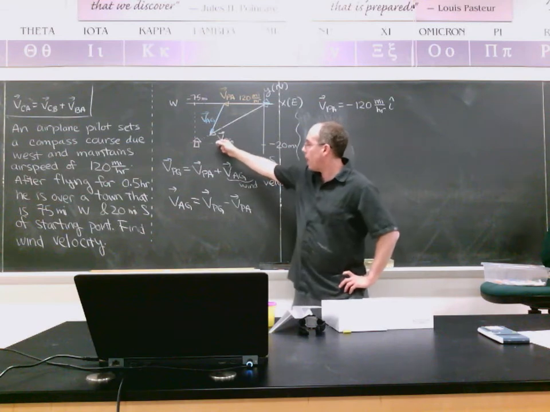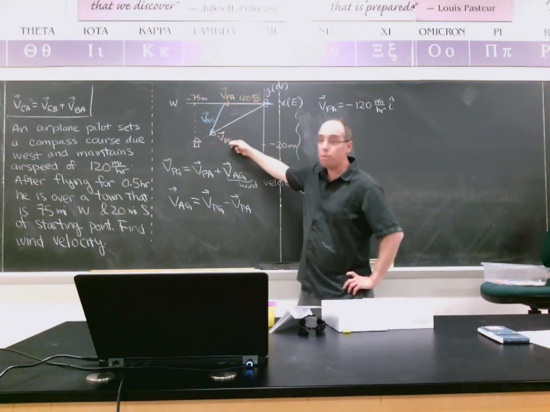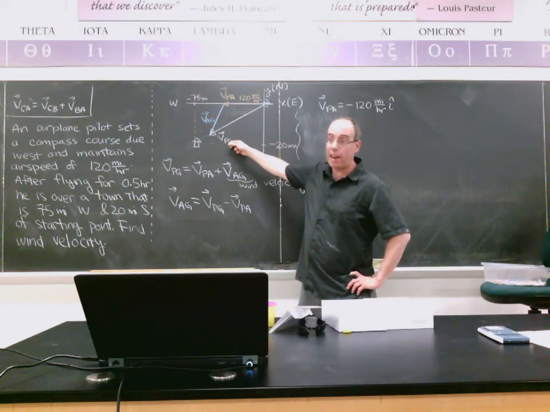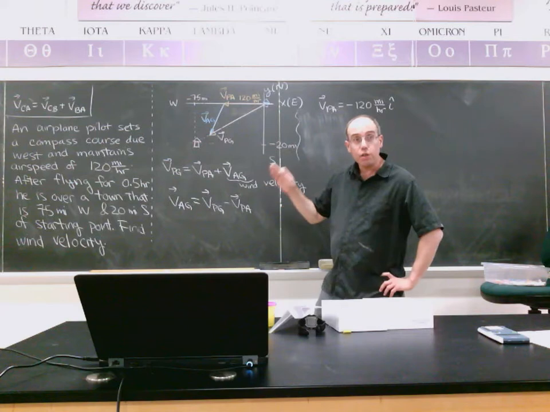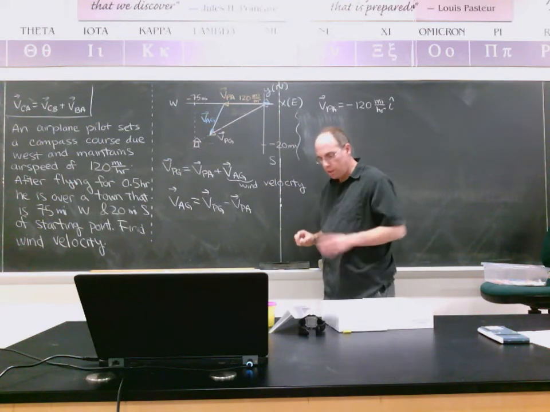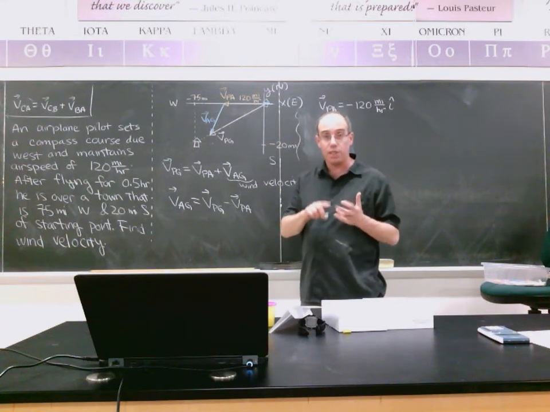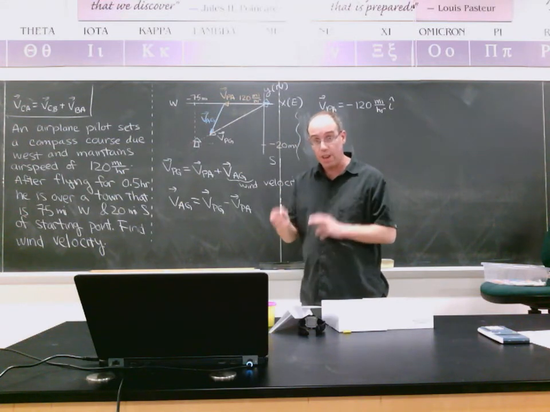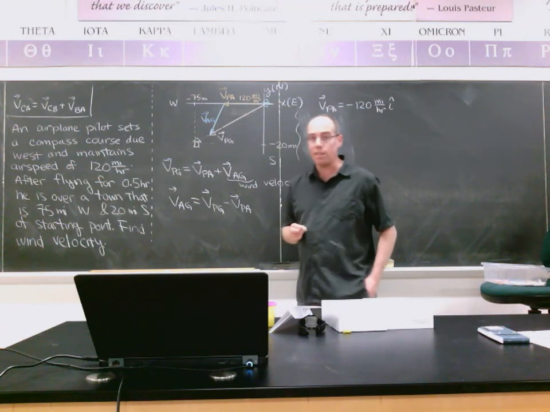Now, how about velocity plane with respect to ground? Can we get velocity plane with respect to ground in i hat, j hat form? We can. Here's what we're going to do. You remember that for constant velocity, we can express the velocity as change in position over change in time. We can employ that same idea in the vector context as well.